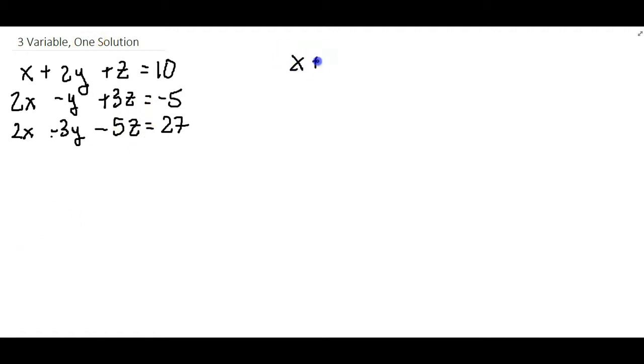We have x plus 2y plus z equals 10, and 2x minus y plus 3z equals negative 5. So I line those up one underneath the other. And we just need to do what we did before and eliminate one of the variables.